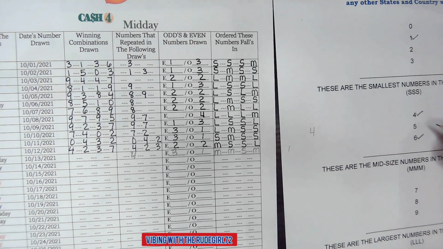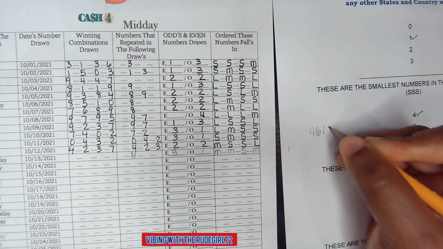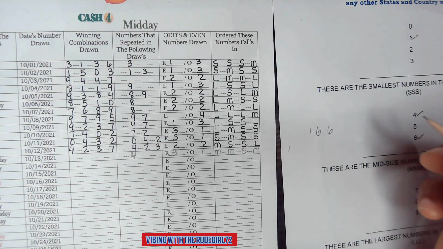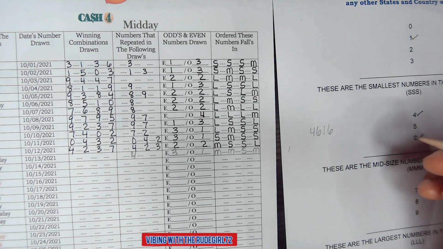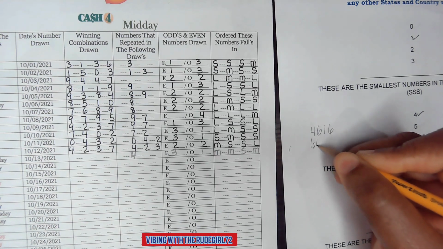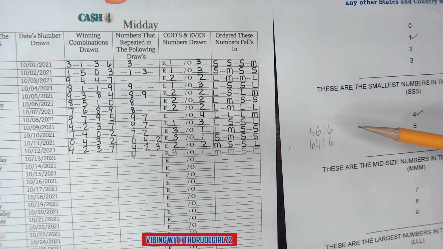4, 6, 1, 6, or I could turn it 6, 4, 1, 6. So you see I could do it both ways.